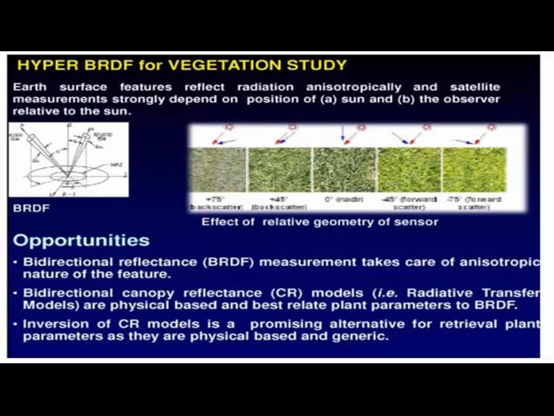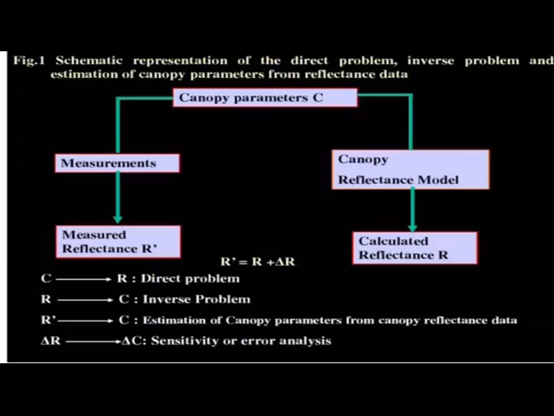For example, you have canopy parameters, maybe so many parameters, chlorophyll or water content or leaf area index. Then you have a radiative transfer model. As I told you, having those parameters, I can model how much radiation I am going to receive. So if I use those reflectance models, I am able to simulate my reflectance. That is nothing but the calculated reflectance R. So having this radiative transfer model, I am able to simulate.